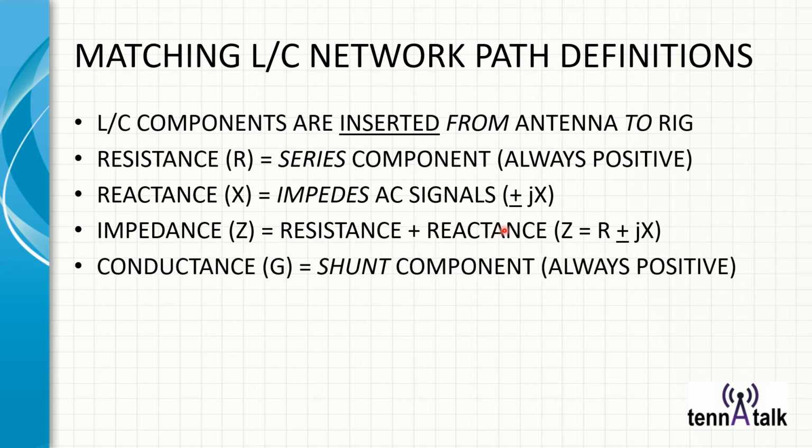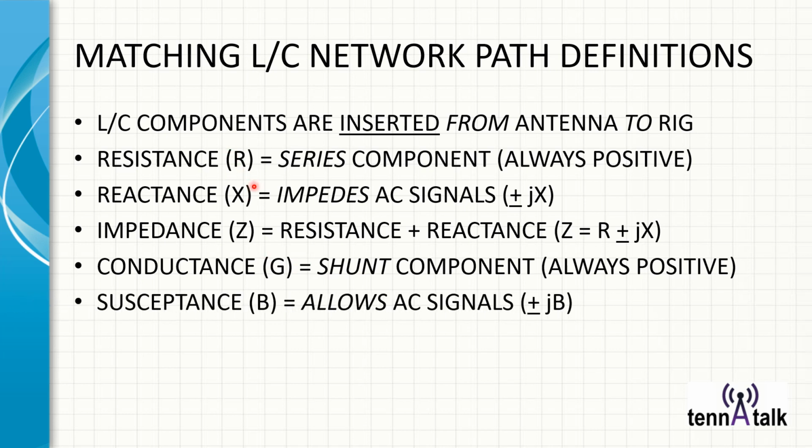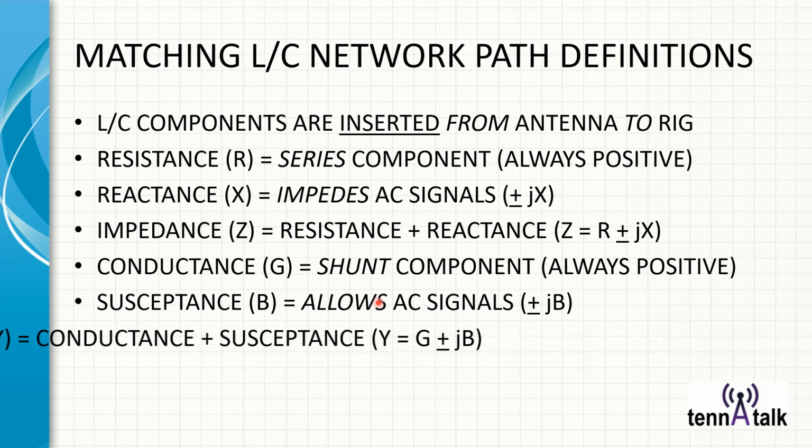Now another concept is conductance, which is actually the inverse of the resistance in a way. It is a shunt component, it's always positive, and it really encourages the flow of current. So G is the inverse of R. Similarly, susceptance B is the inverse of reactance. It allows AC signals to pass as opposed to impeding them.